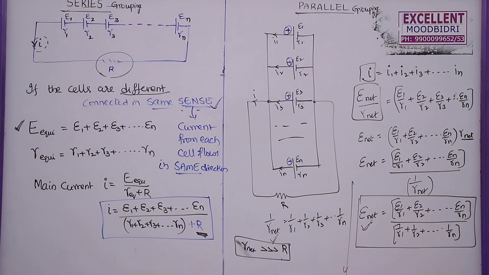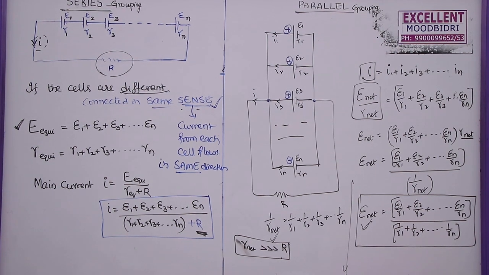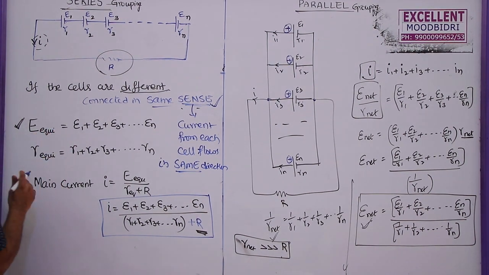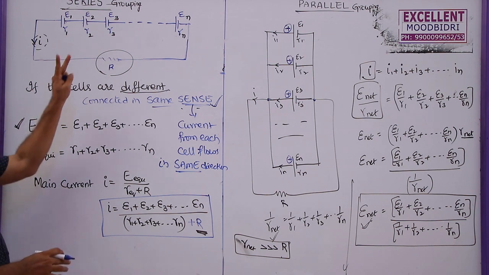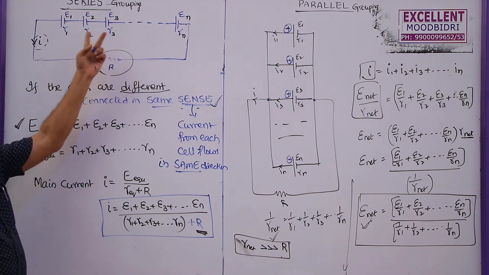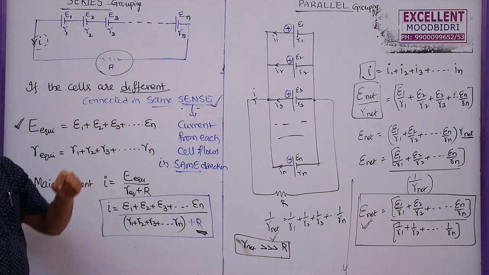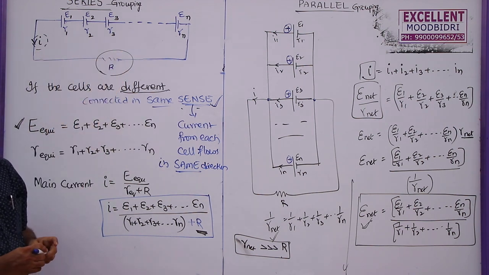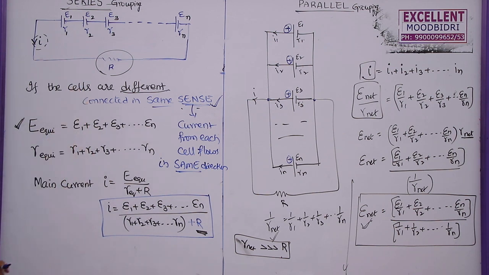Similarly, in some problems, especially in competitive exams, sometimes if you take n similar cells, if one of the cells is connected wrongly or two of the cells are connected wrongly, then the net EMF will change, but net resistance will not change. As a result, current will also change.